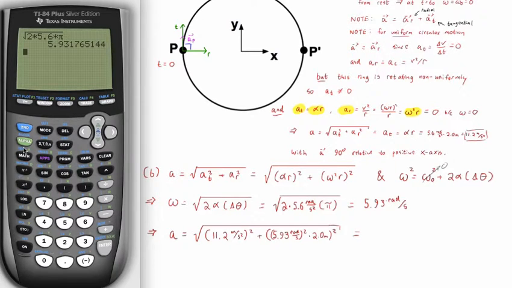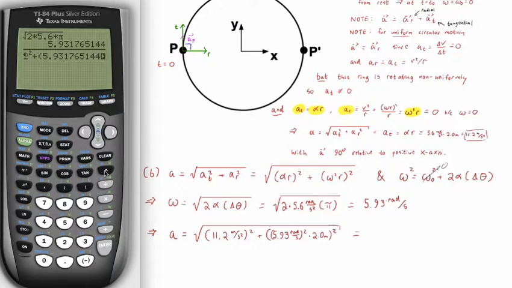So let's do that on the calculator. The 11.2 had no rounding there, so we can just keep it as is, and then plus, open parentheses. This one I want to take completely unrounded.